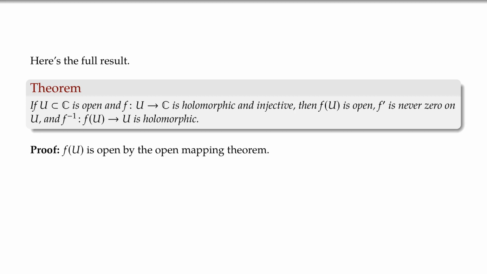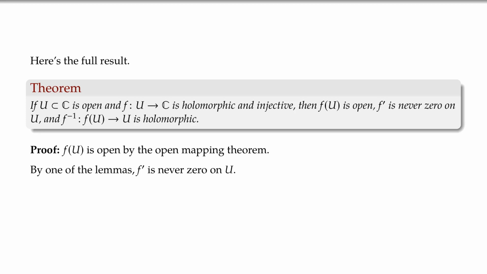So let's prove this. Suppose we have a U and an F like this. Well, F(U) is open; that's the open mapping theorem, right? We just proved that F(U) is open, because U is open. By the first lemma, F prime is never zero. Again, we just proved that.